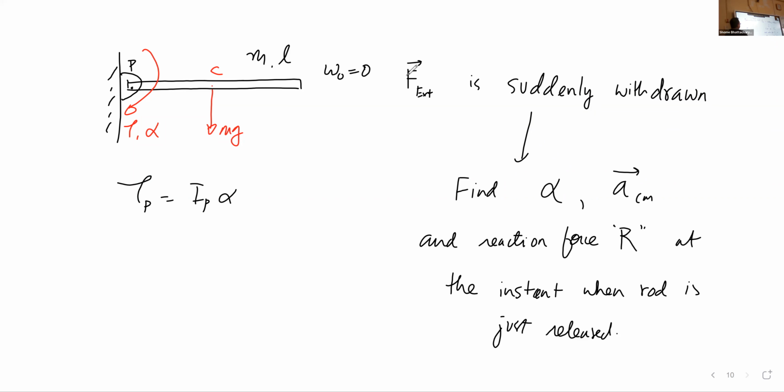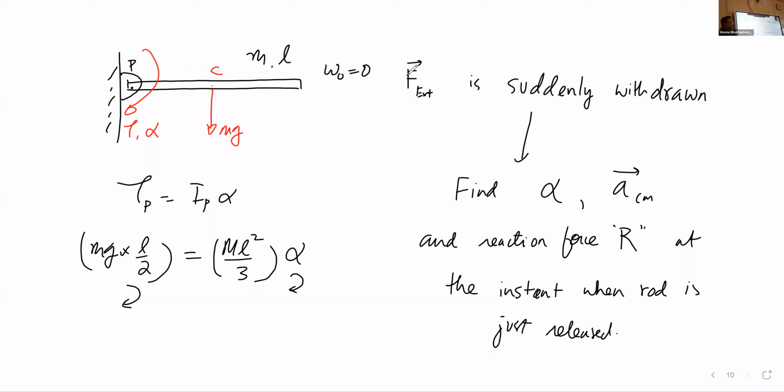So torque will be what? Torque because of weight alone. So mg into L by 2 is the clockwise torque it's creating, and moment of inertia about one end of the rod is ml square by 3. So the alpha that I'm getting is clockwise, 3g by 2l.